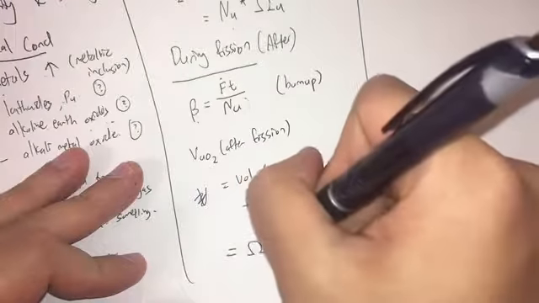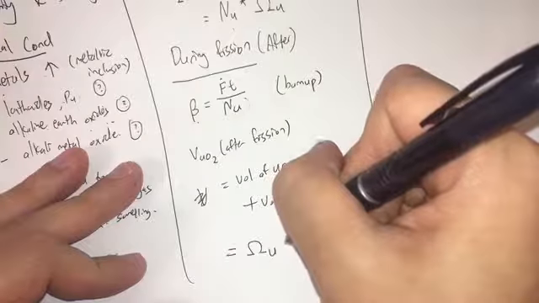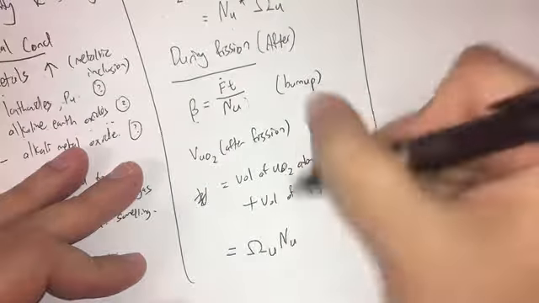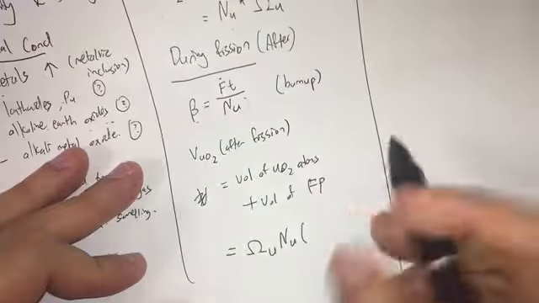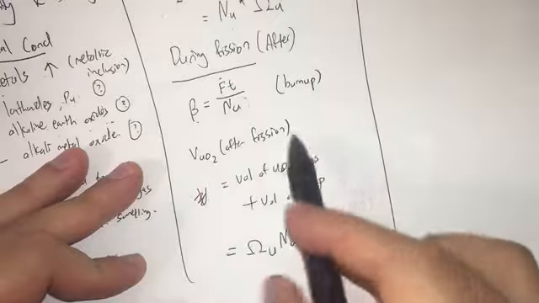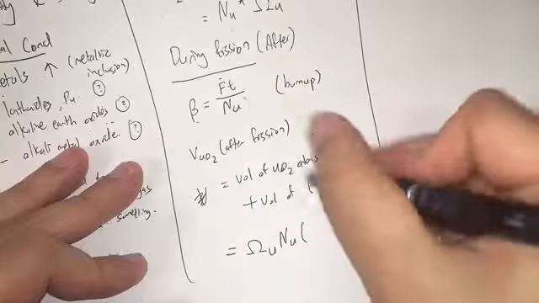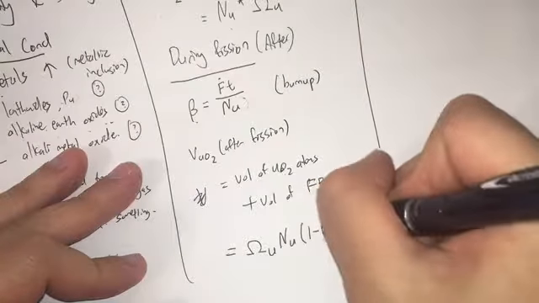So this will be omega U times Nu, times the fraction of uranium that has not been consumed yet, which is 1 minus beta.